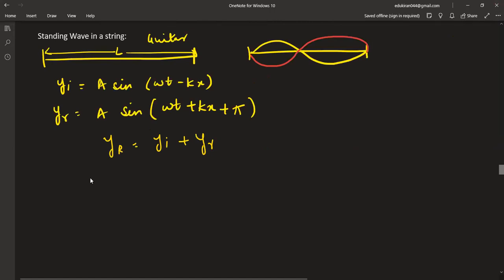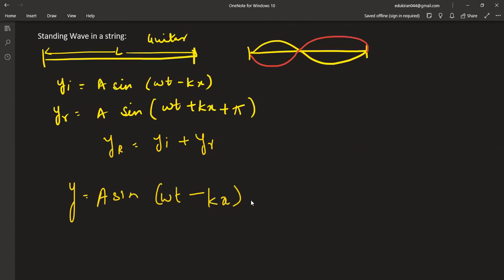See, if we talk about standing wave in a string, like the strings of guitar, so the difference that will come is here this will be the same. The angle will be pi. This will be fixed. So if you write the equation A sine (omega t minus kx) minus A sine (omega t plus kx).